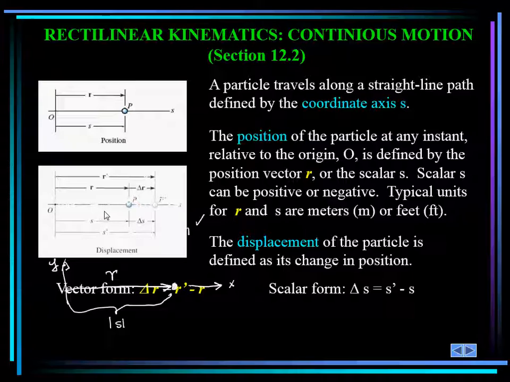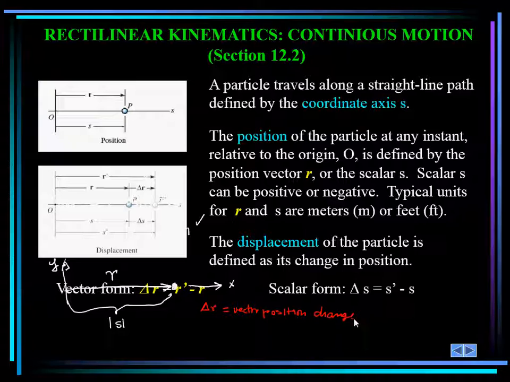I just changed it to red. So you see here the original position, and this was the change in position. So delta r is the vector position change.